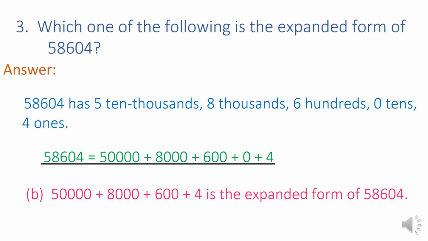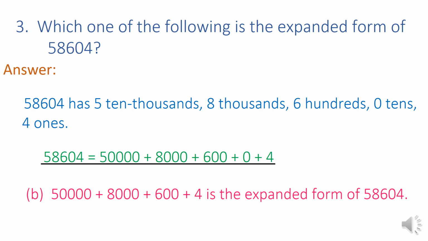So the expanded form of 58,604 is 58,604 equal to 50,000 plus 8,000 plus 600 plus 0 plus 4.